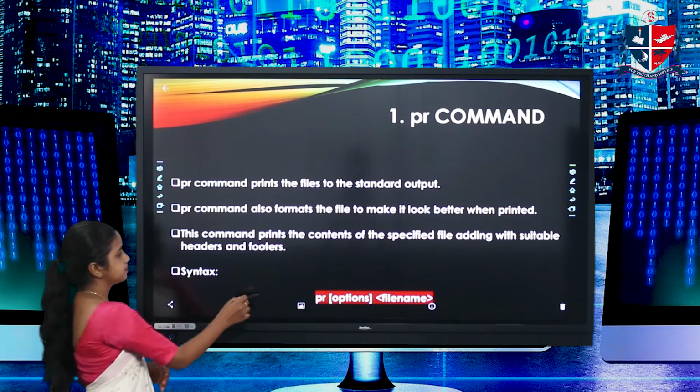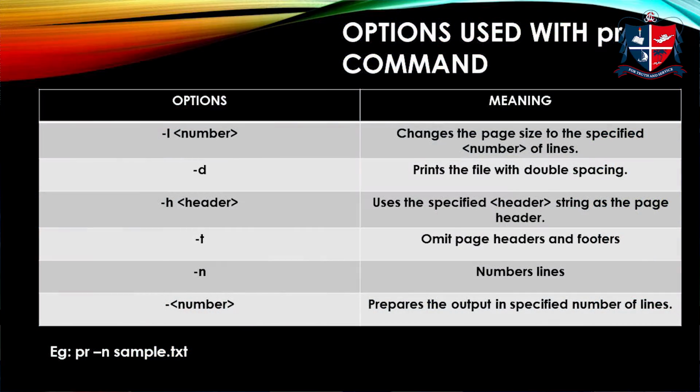We'll see the options used with the pr command. We have various options, and the first one is -l. Along with that, a number can be specified. For every file, we have a normal page size.